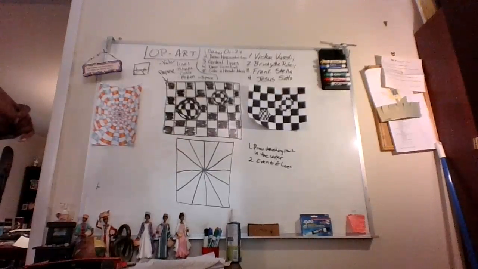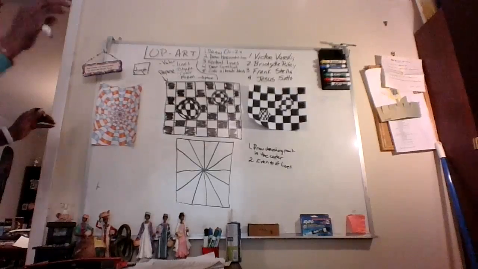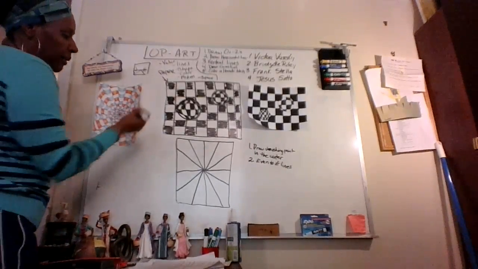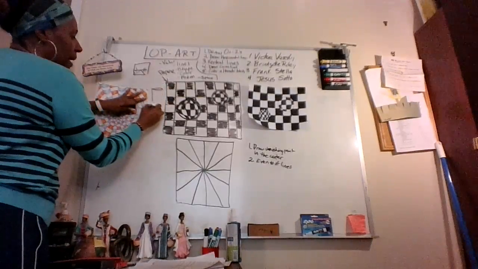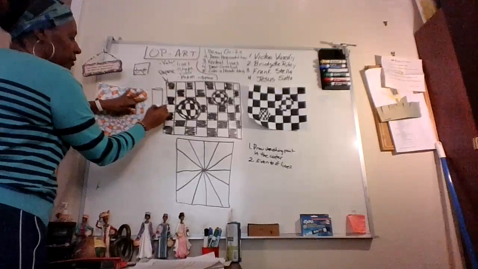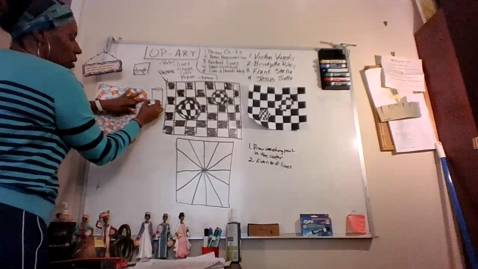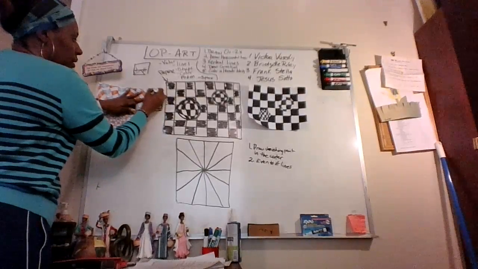Now, anytime you want something to look curved, you always draw a curved line. So if I was drawing a cup, the top and bottom of my cup are curved. Or I could just simply draw lines that are curved.